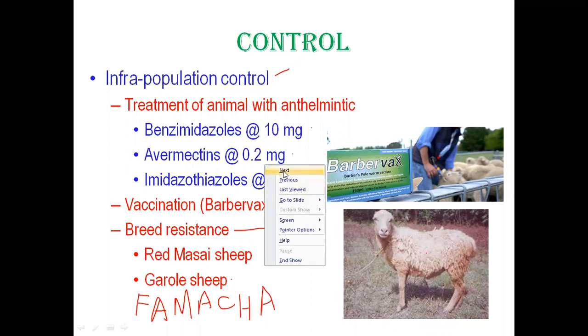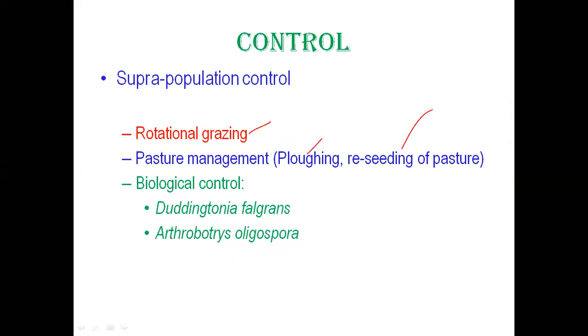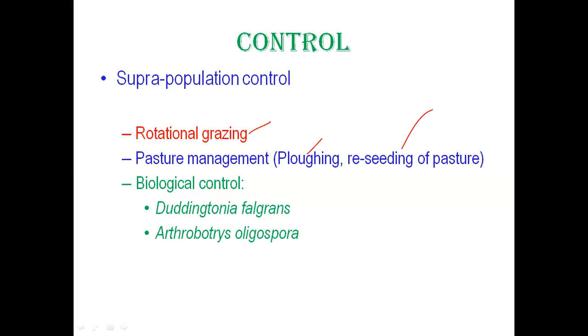Okay. Then the next one is suprapopulation control, like rotational grazing and pasture management, plowing and reseeding, which will destroy the microclimate of the larvae in the soil. Okay, in the soil, below the grass blade, there are some leaves which are falling down, and those leaves provide moisture even during drought condition.